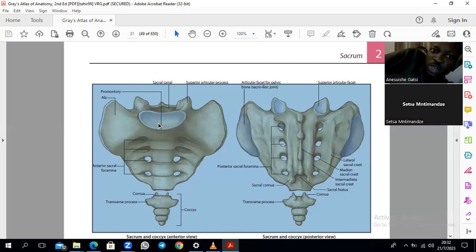Then there's a unique feature on S1, which is a projection going forward, which we call the sacral promontory.